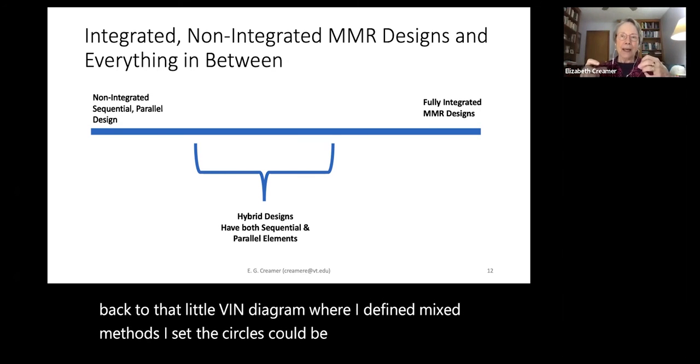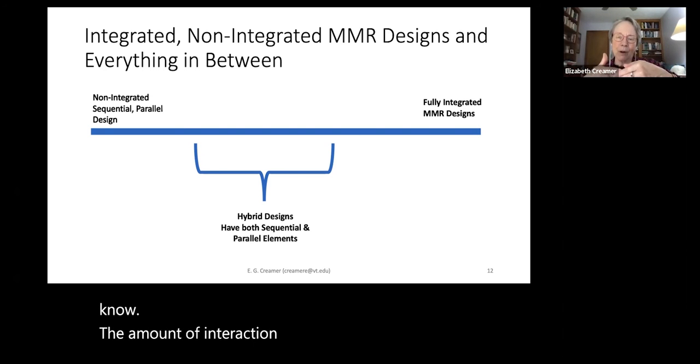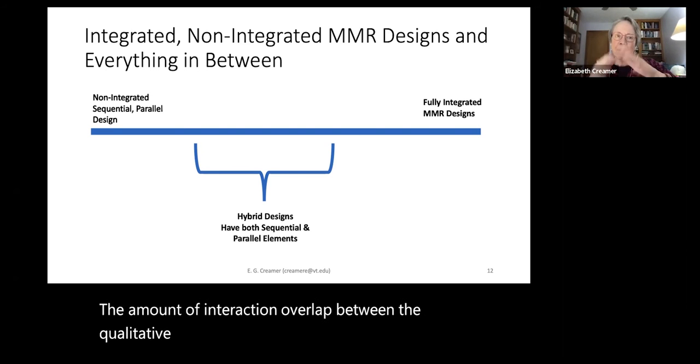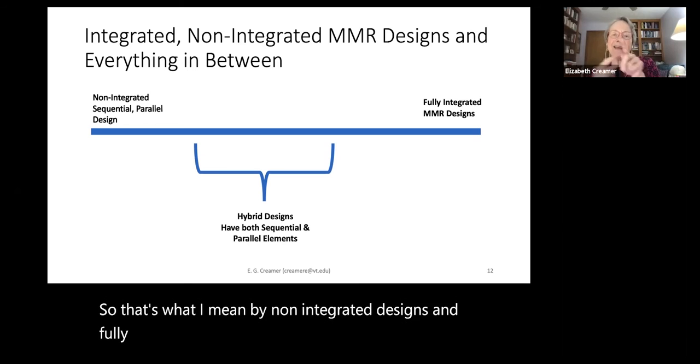The amount of interaction overlap between the qualitative and quantitative can be really different too. So that's what I mean by non-integrated designs and fully integrated designs. And then there's something in between.